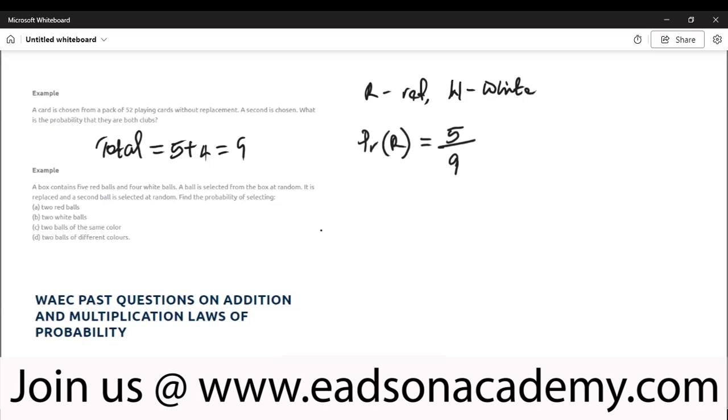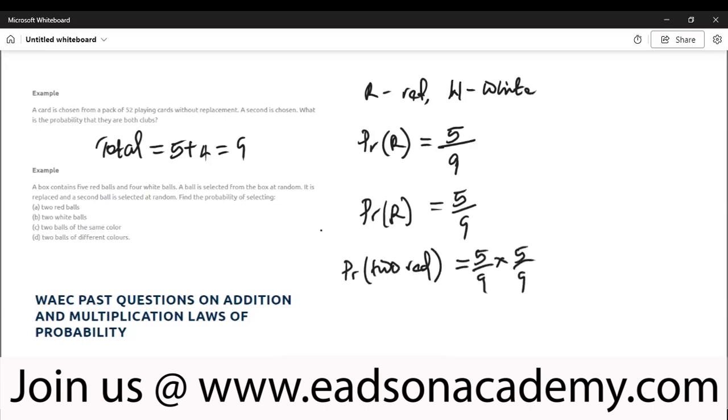After that, you replace it again before picking again, because the question says find the probability that the 2 balls are red, 2 red balls. So the probability for the second draw is also 5 over 9. That is the point there, because you replace the first one. Therefore, the probability that both are red, 2 red, will be 5 over 9 times 5 over 9, which is 25 over 81.